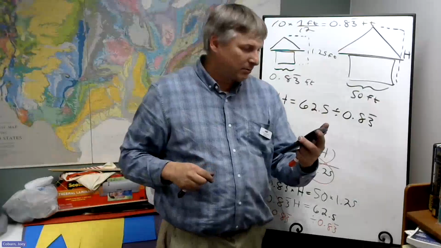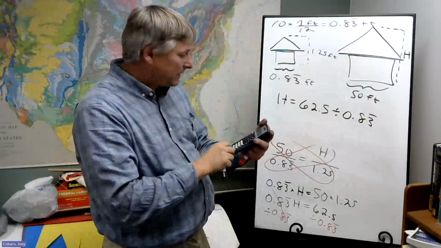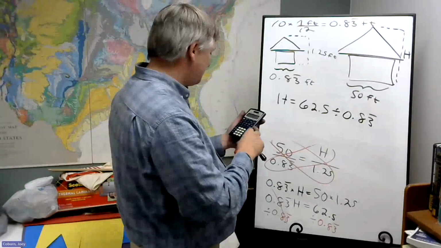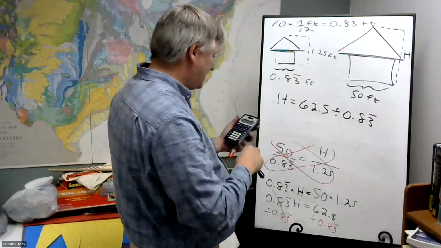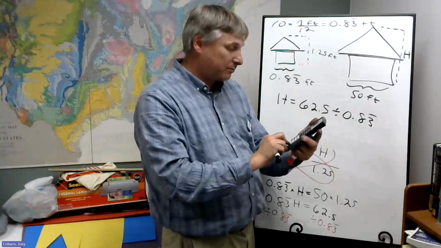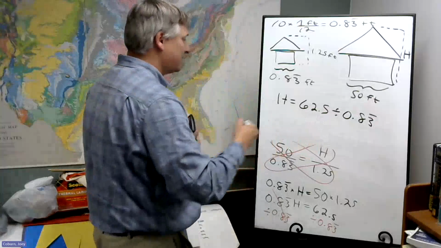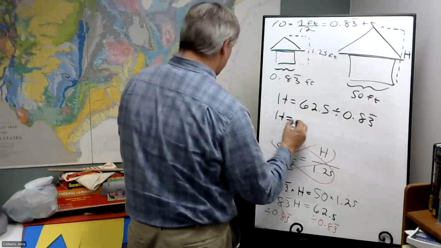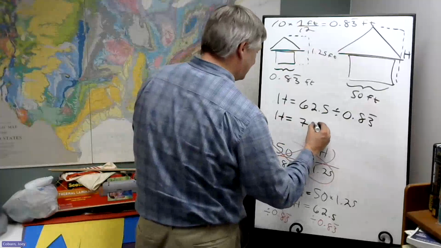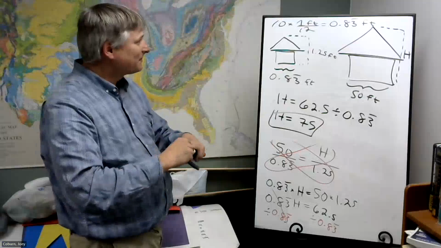Okay, it's got that 0.83 repeating. And so what I'll do is now take 62.5, divide by answer, or previous answer is what it really means, and it comes out to 75. There we go.